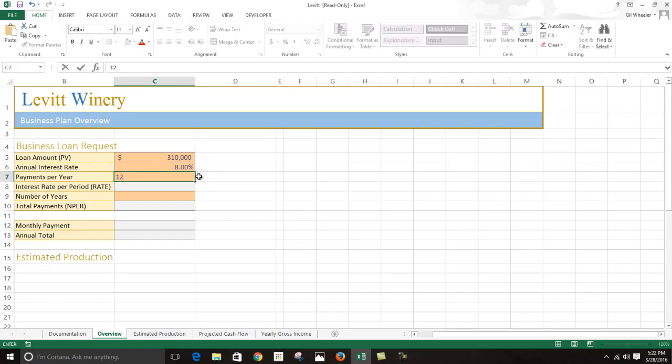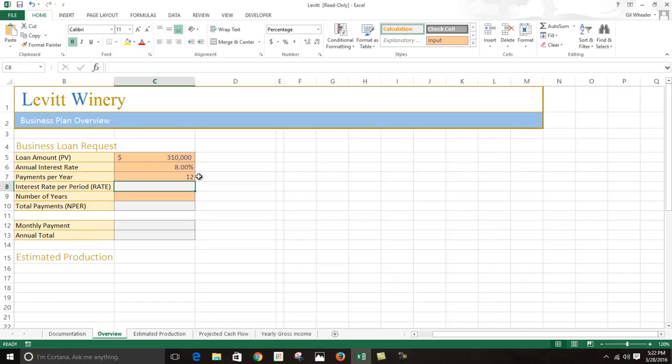And in cell C8, we will enter a formula to calculate the interest rate per period. And in this particular case, the 8% interest rate is divided by 12 payments per year, so that when we enter the formula, it will calculate the monthly interest rate of 0.67%.